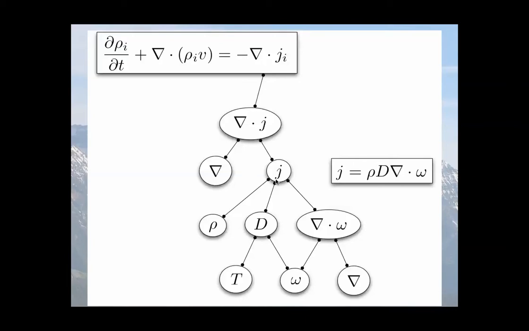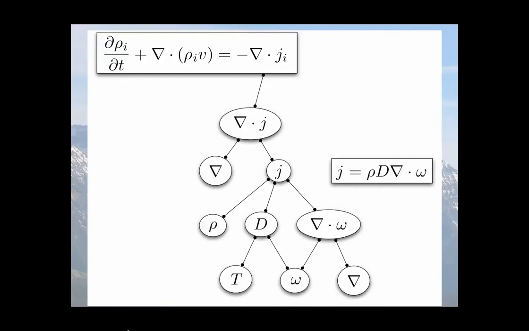Or maybe if the gradient operation is easy to do, but calculating the diffusive flux is not easy to do, maybe we want to make just this J bubble and everything below it into one task, and then the del dot J into another task. Okay, so we can divide this one computation up however we'd like.